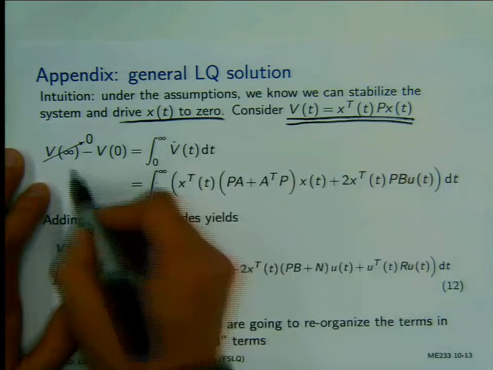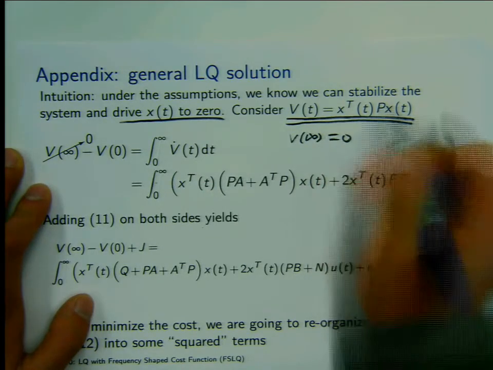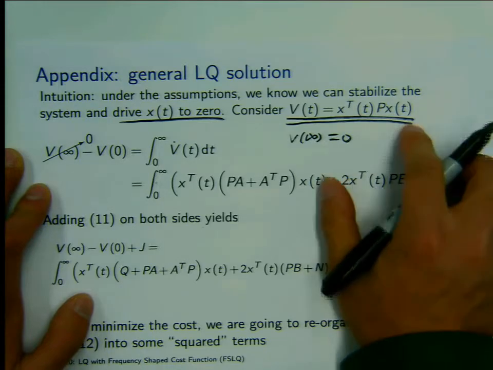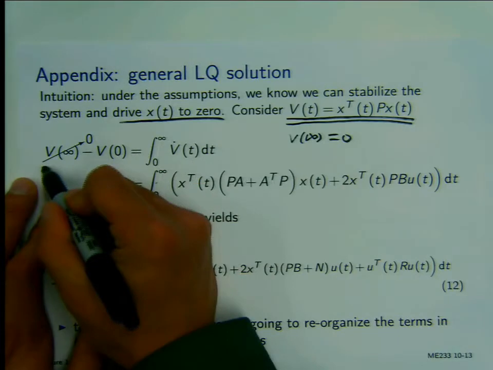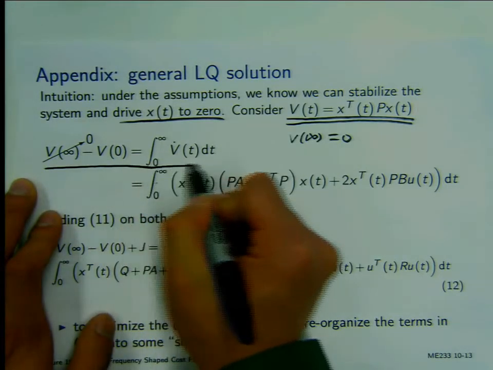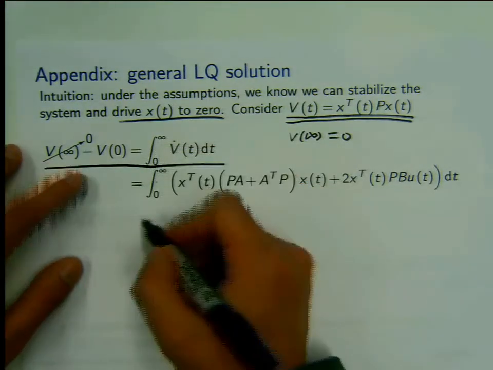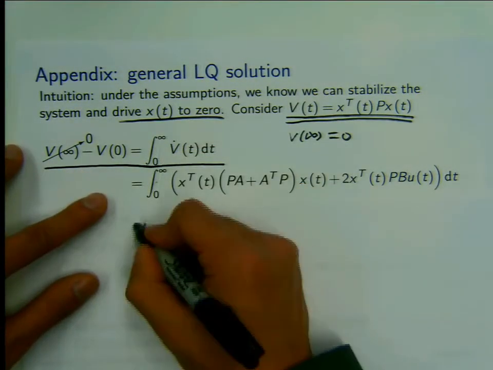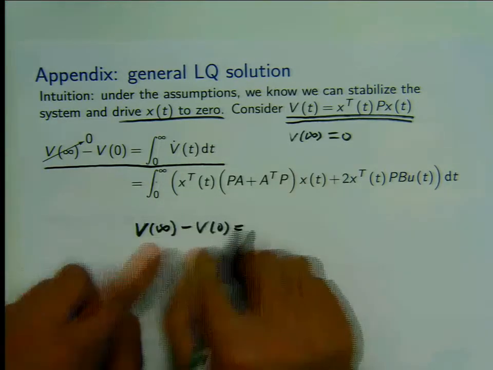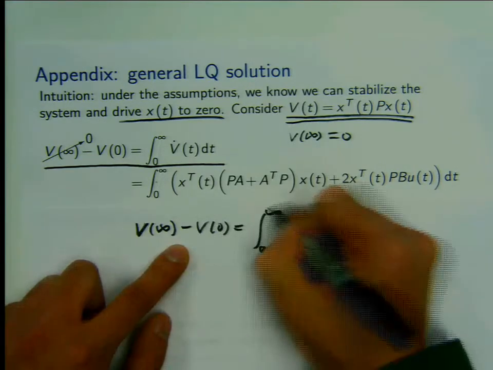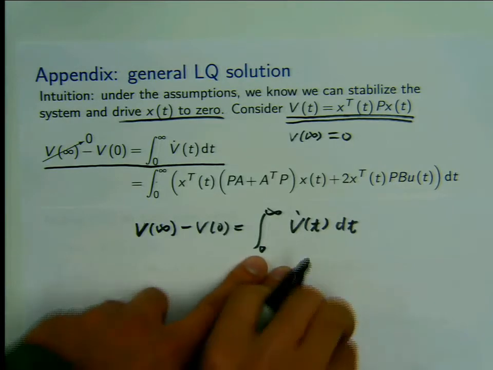Then in the end V infinity is going to be equal to 0, because we can have some design that will drive this x to 0. Consider V infinity minus V0 to be this integration of V dot from 0 to infinity, okay?